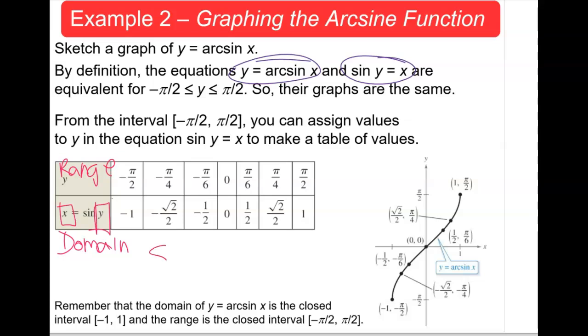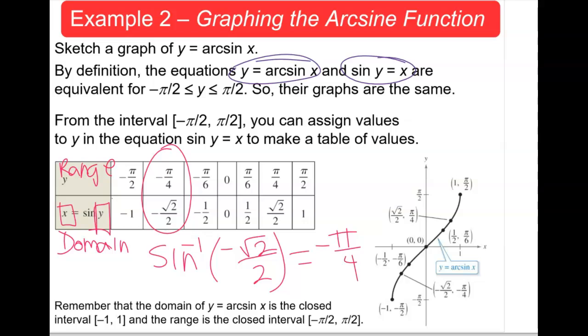So if we're asked what is the sine inverse of the negative square root of 2 over 2, that will be negative pi over 4. If we were asked what is the sine inverse of, let's say here, positive square root of 2 over 2, the answer will be positive pi over 4.